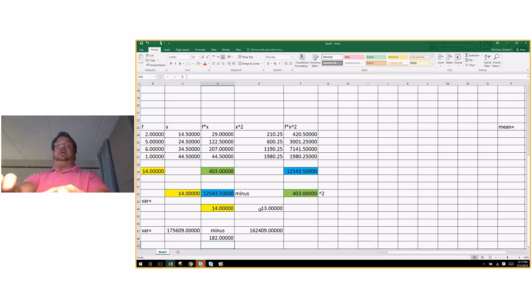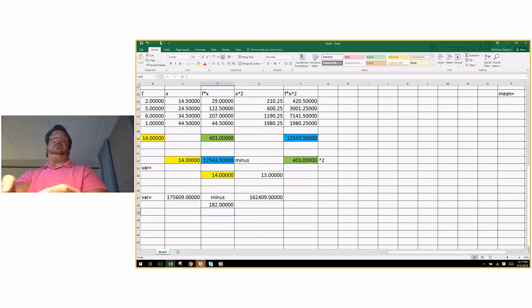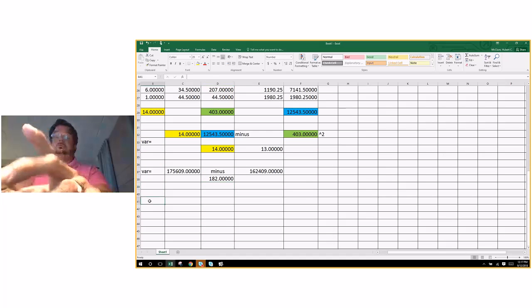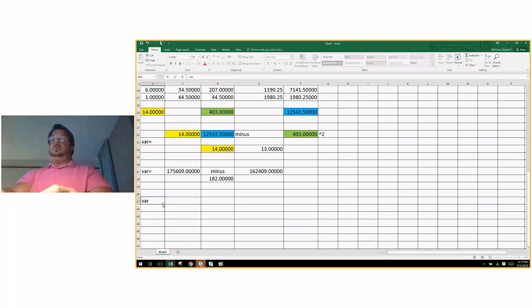All right, now we do it again. We do the next step. We're going to take that big number and subtract it. So what is this big number minus this big number, over this number? And the variance is equal to this number divided by this number.